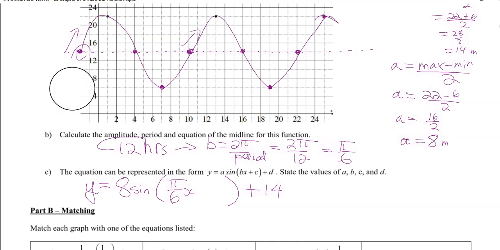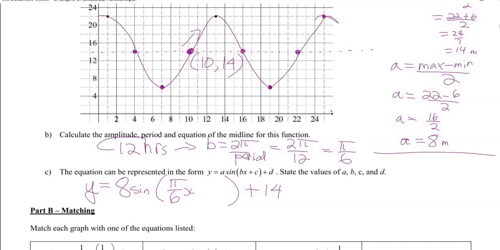So if we didn't have this drawn, we would go here and say, okay, there's the start point. So let's do this one, because we can all see it. It's at 10, 14. So you go to the y-axis, you get to the midline, you start moving along the midline until you reach the curve where it intersects the midline and it's going up. That's when you have a sine function. And we say that's at 10, 14.